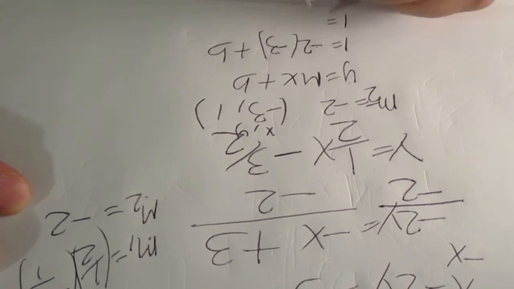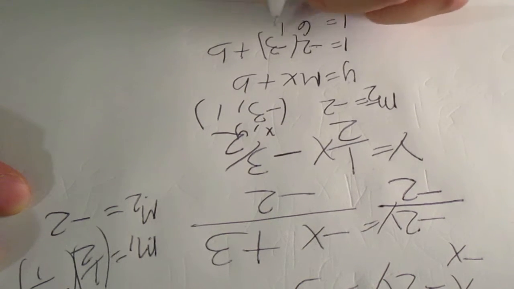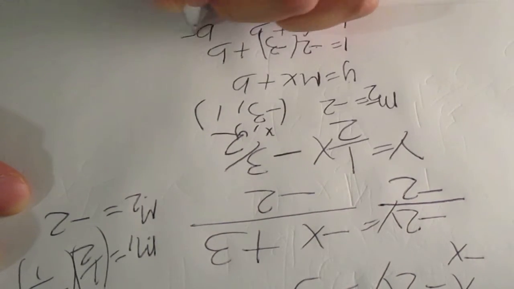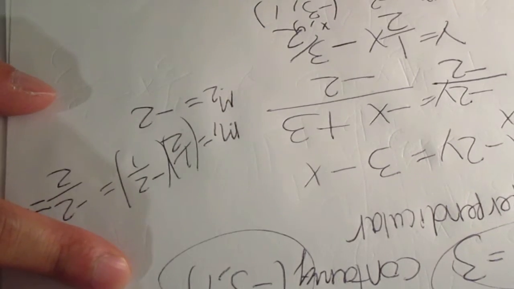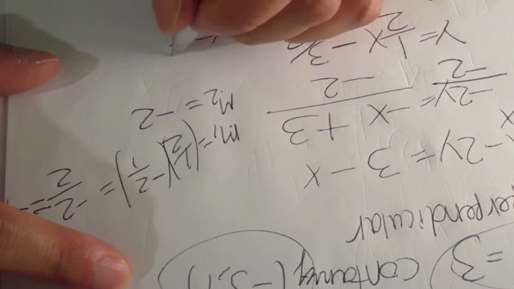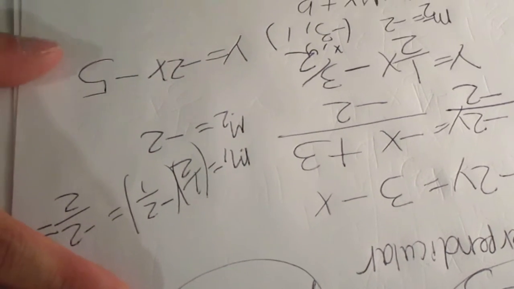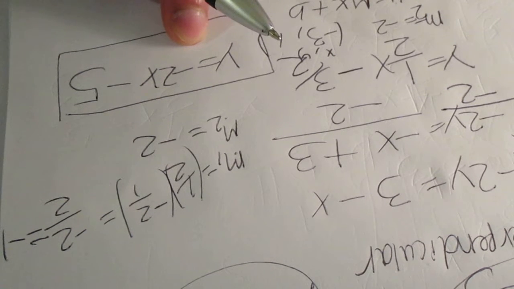So 1 equals -2 times -3 is positive 6 plus b. Subtract 6, so b equals 1 minus 6 is -5. So the line that is perpendicular would be y equals -2x minus 5.